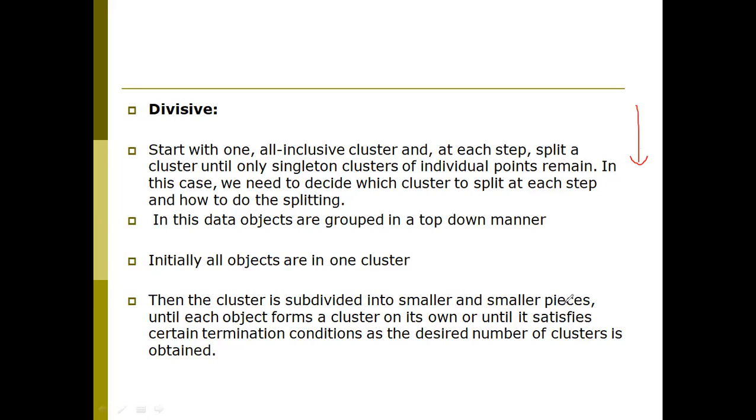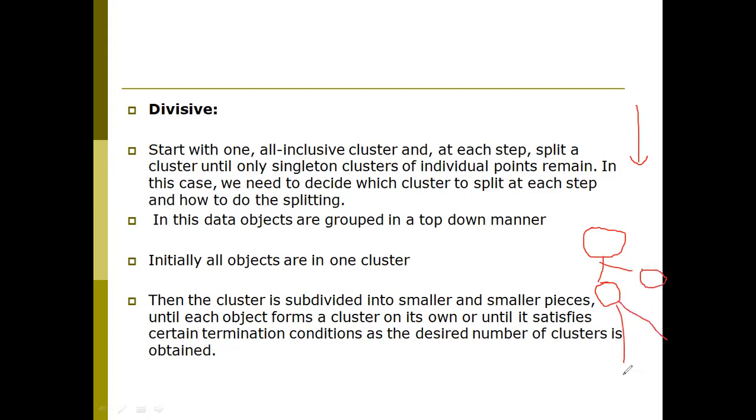The second point is that it divides the data points into a number of clusters. Suppose there are data points; these are divided into two groups in level 1, and the next groups in level 2.